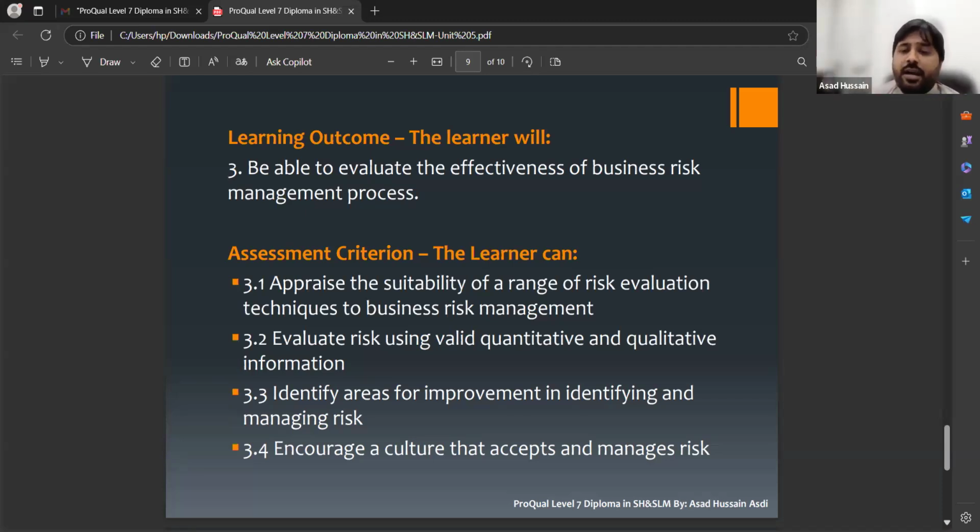A culture in which proper acceptance is given to business risk management. Okay, so any evidence which is confirming that top management is endorsing, is ensuring such a culture can be enough for this assessment criteria.